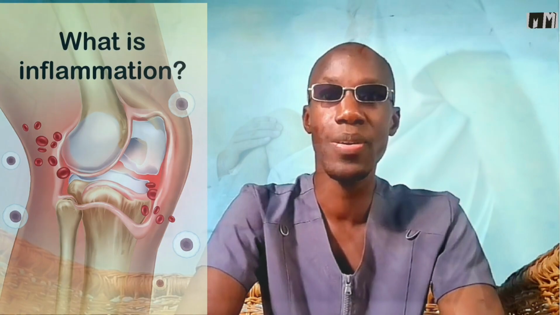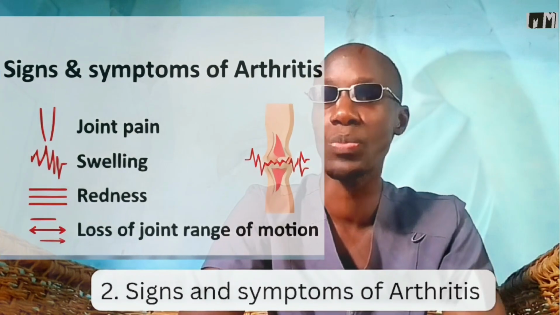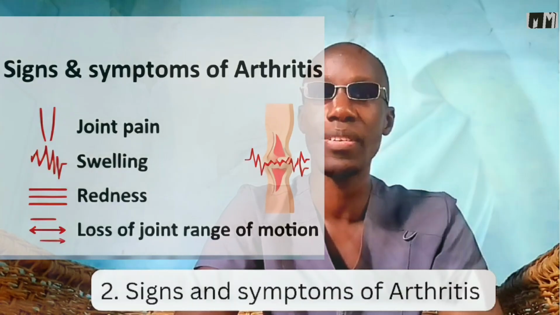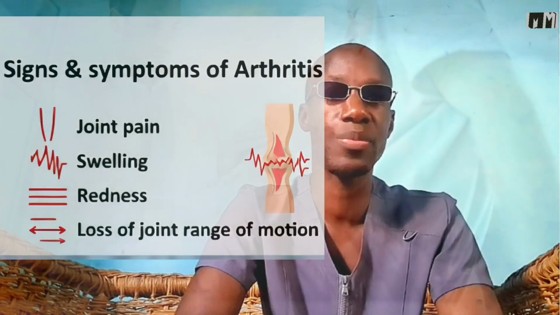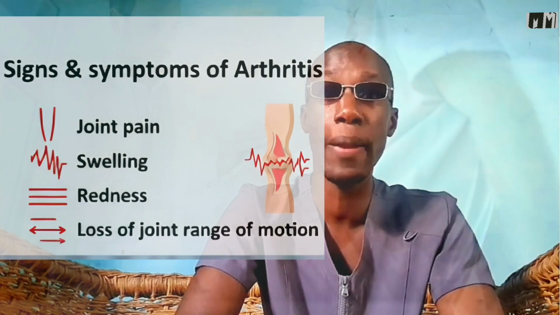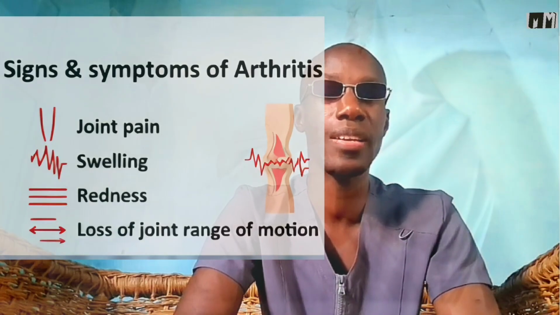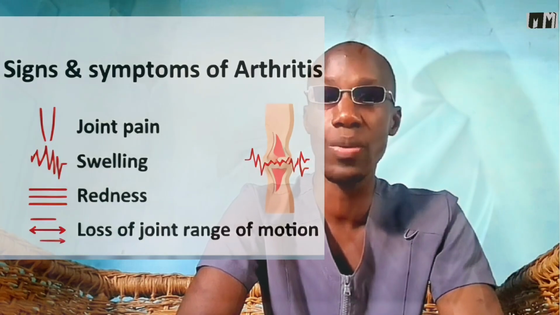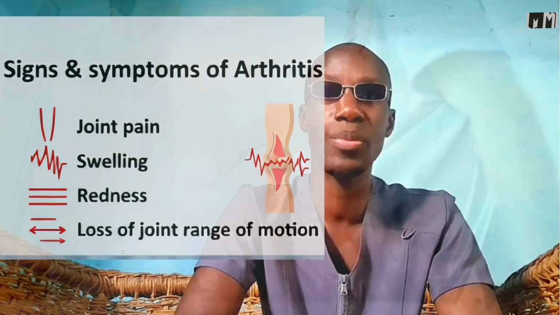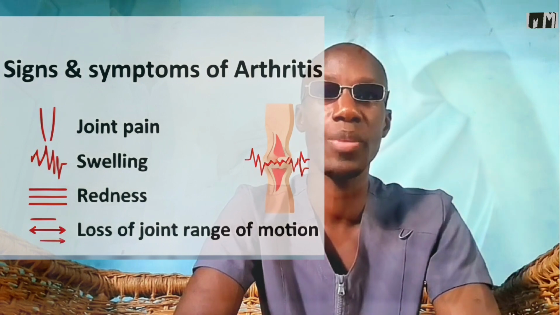So in context, since arthritis is an inflammatory condition, these are the symptoms that we would expect on the joint. The first, you find that patients complain of joint pain, also joint stiffness, joint swelling, and these often worsen with age. And these symptoms are very suggestive of inflammation.